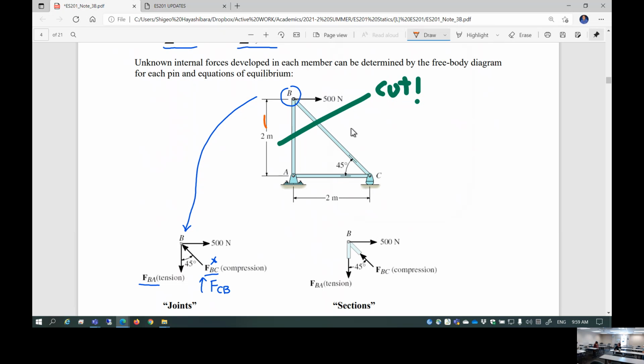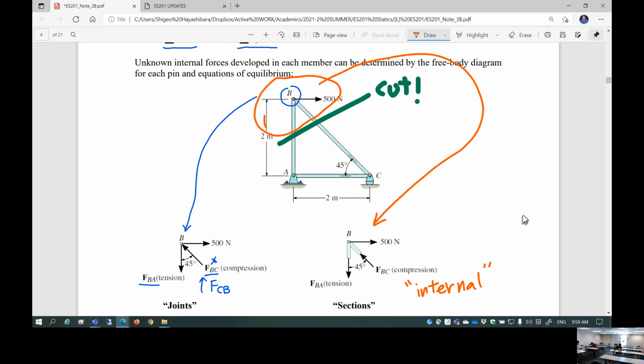Either one's fine, but of course, this one's easier. So I'm going to pick up this component. Here we go. So this is a joint B. This is the cut member BC. This is the cut member BA. Each develop internal forces. Important, internal.